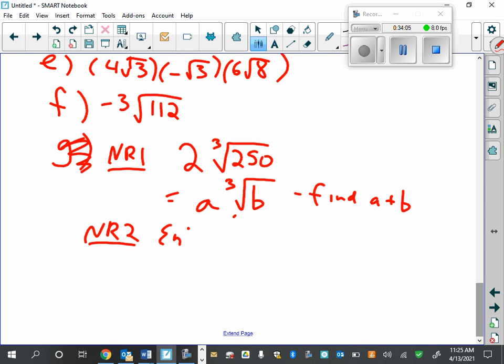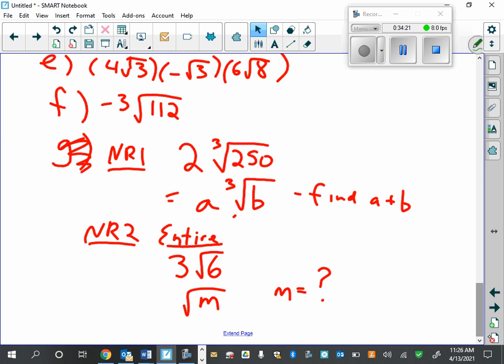Turn this mixed radical into an entire radical: 3 radical 6, in the form radical m. What does m equal? Pause if you haven't written all that down yet.